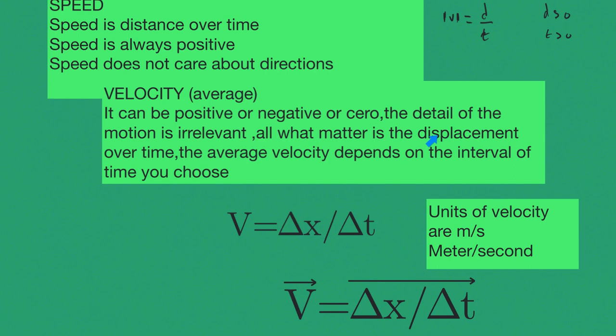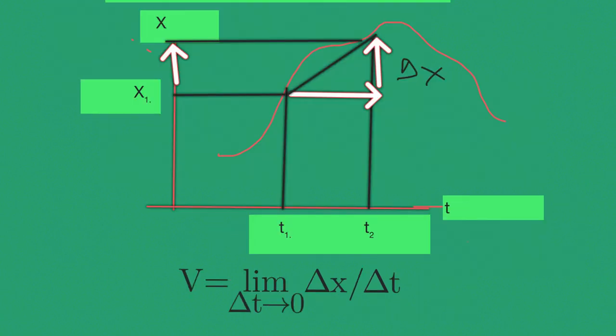What matters is the displacement over time. The average velocity depends on the interval of time that you choose. The average velocity is displacement divided by the time, and the unit of velocity is meters per second. And V is the slope of the graph x of t.